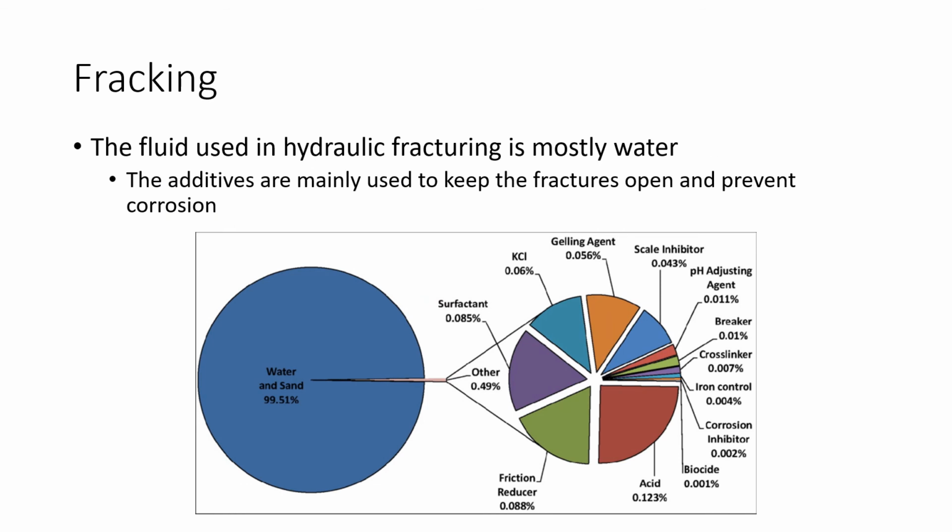And so most of it is water, but there are all these additives to make sure that the fractures stay open and also to prevent corrosion in the pipes of the wells. And so you can see there's all kinds of stuff, and none of it's very specific. And so, it's very possible for this hydraulic fracturing solution to get into the groundwater and contaminate it.